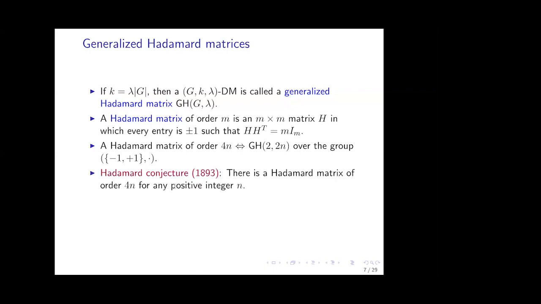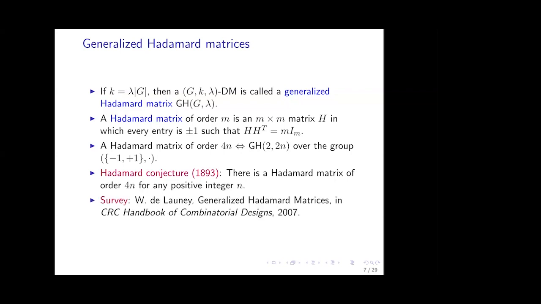We know that the Hadamard matrix existence is far from being solved. The Hadamard conjecture says that there is a Hadamard matrix of order 4n for any positive n. In this talk, I actually don't want to talk too much on Hadamard matrices or generalized Hadamard matrices. I just want to show why difference matrices are an interesting topic, and you will see this concept is closely related with many interesting topics in combinatorics.